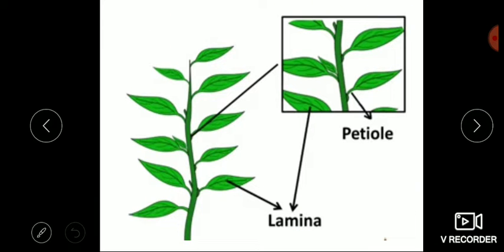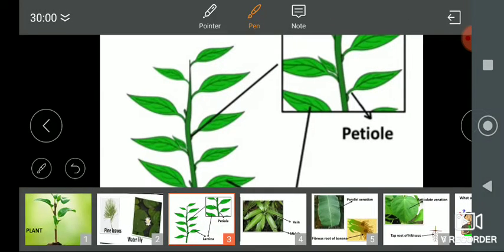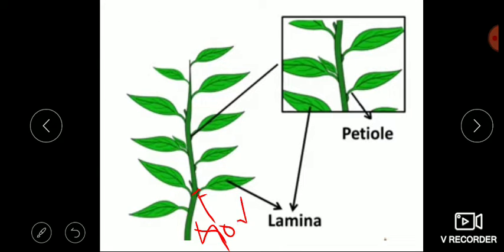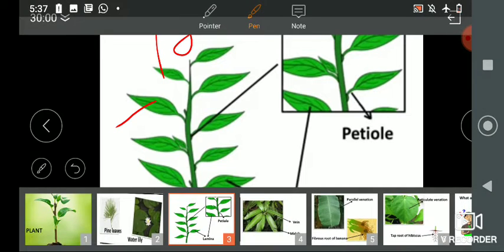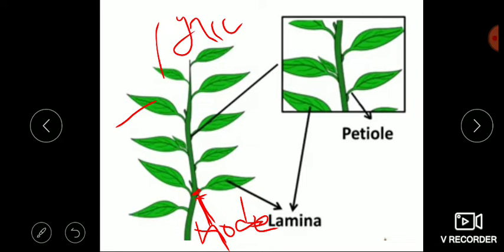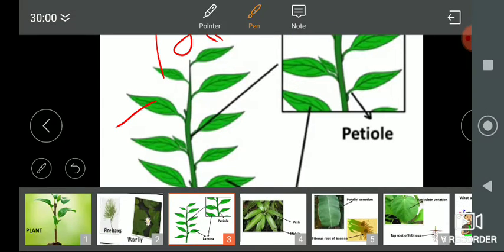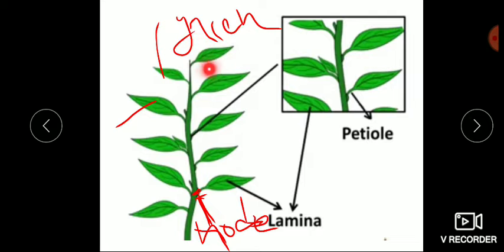A leaf rises from the node of the stem. Leaf is a green colored, expanded, flattened structure.